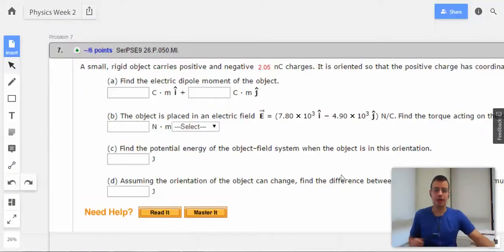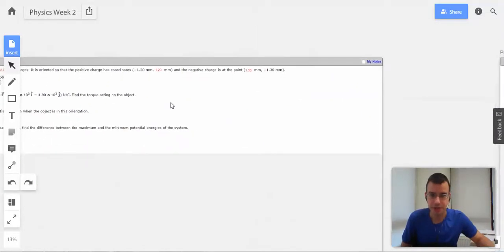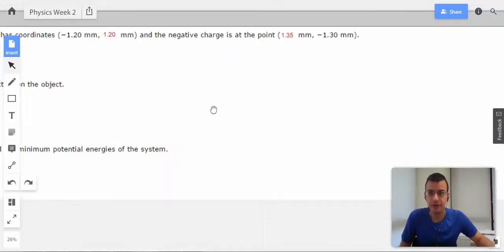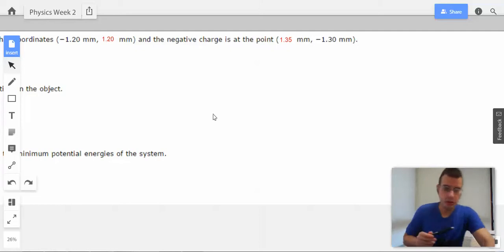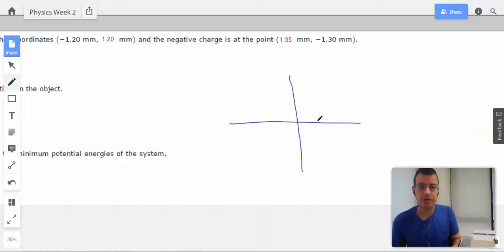So we're going to start by drawing a picture, just like pretty much every other time in life. Here's a plane, and we have at negative 1.2, this will be negative 1, this will be negative 0.2, this will be 1, this will be 0.2, right up here.